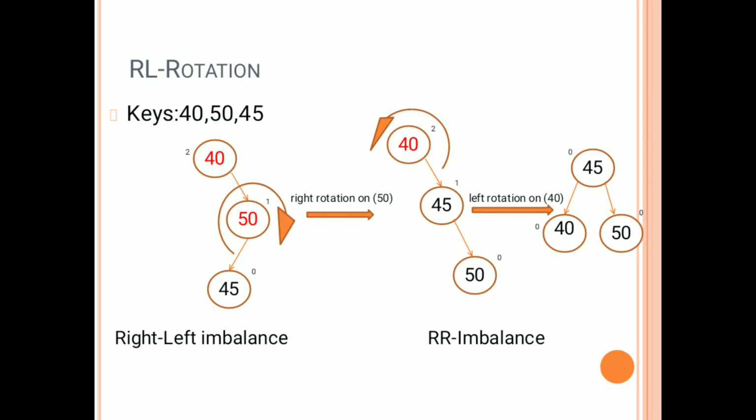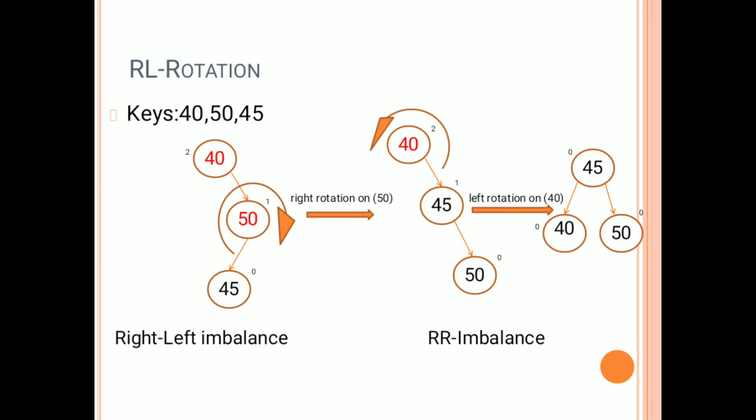The next element inserted into the tree is 45. 45 is inserted on the left of 50, because 45 is greater than 40 but 45 is less than 50.